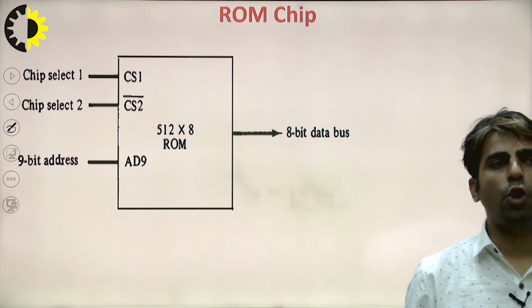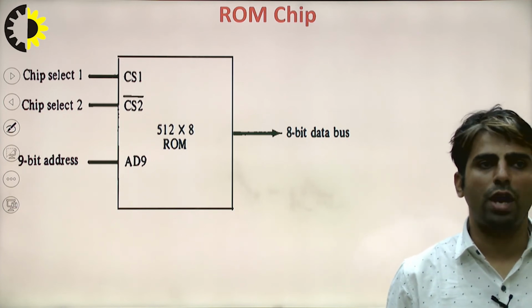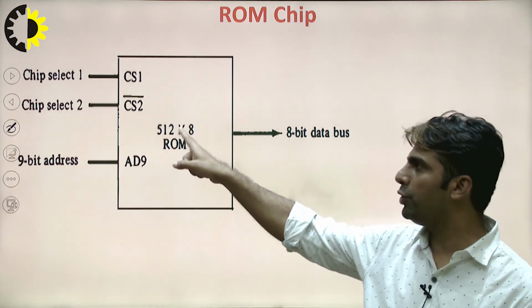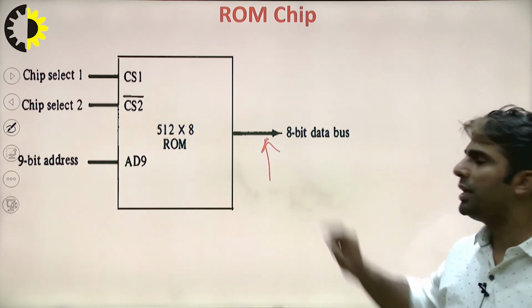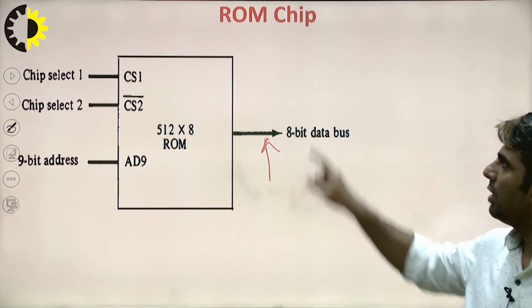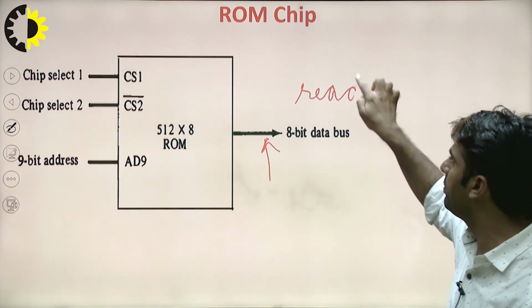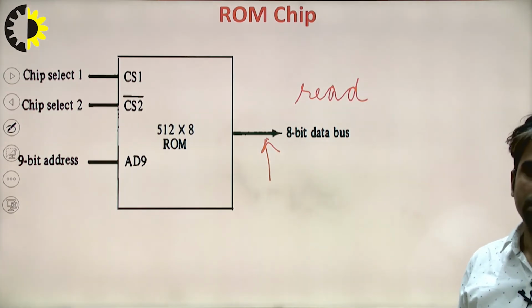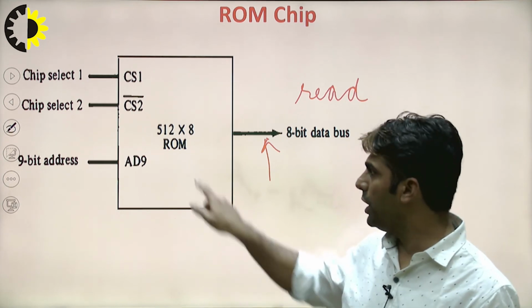Now we see the ROM chip. We have two pins over here, chip select 1 and chip select 2 bar. And we must see that this is a unidirectional bus, because ROM is only used to read the data. The size of this chip is 512 into 8.